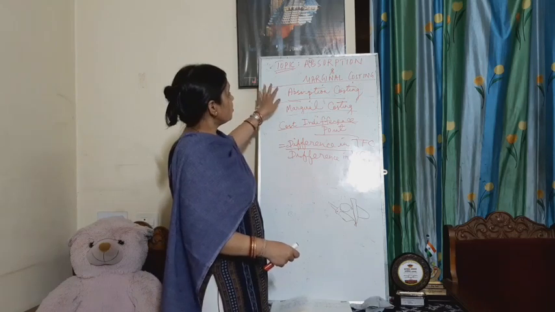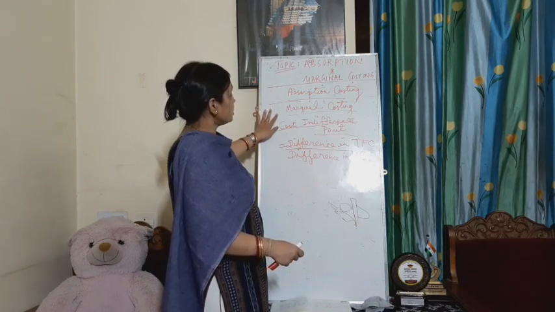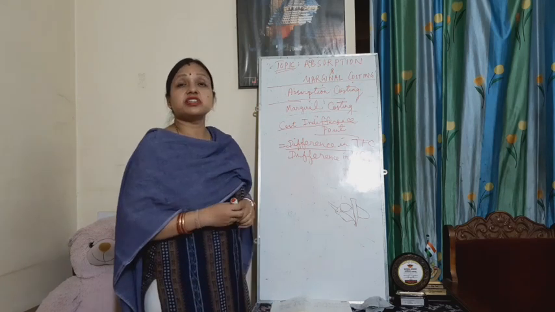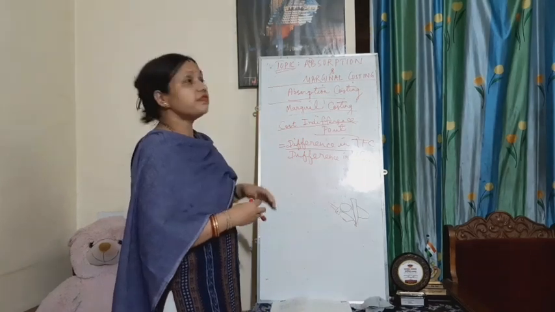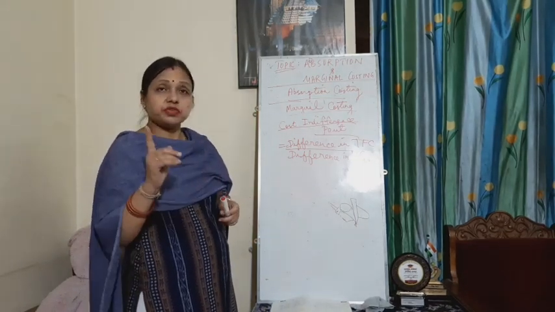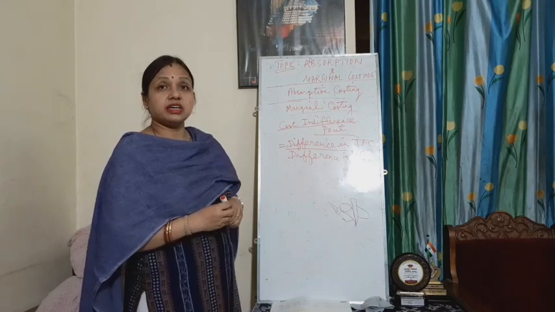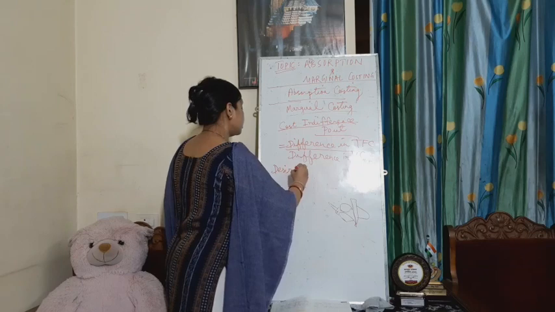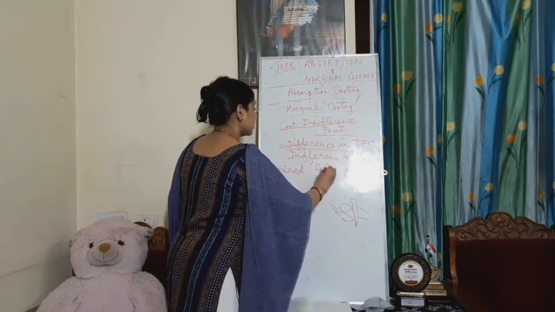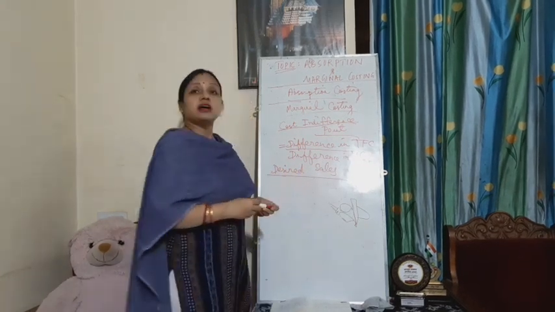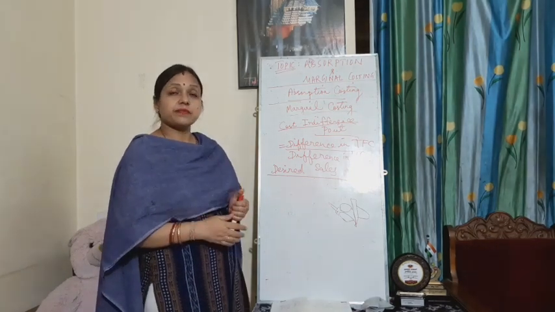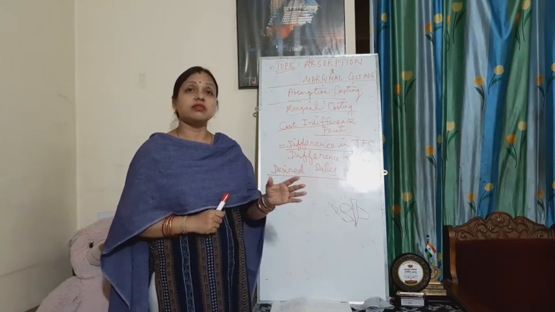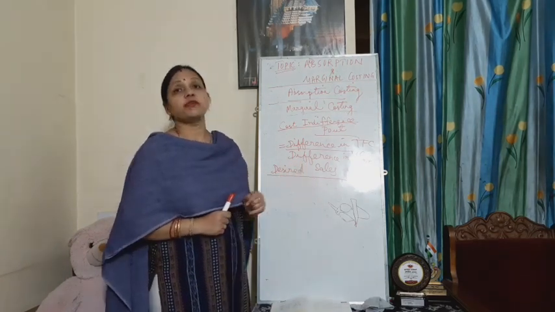Now students, if you come to absorption costing and marginal costing, basically in later classes we will be discussing about various decision making techniques also. One important concept in marginal costing is desired sales. Now students, desired sales means the level of sales which a company has to achieve in order to achieve a certain given level of profit.